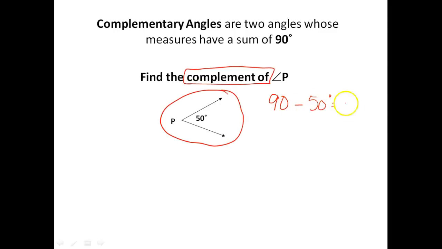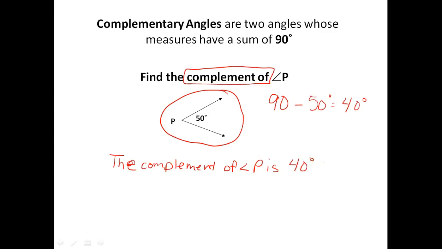So 90 minus 50 is 40 degrees. So the complement of angle P is 40 degrees. That's it, okay? 90 minus complement.